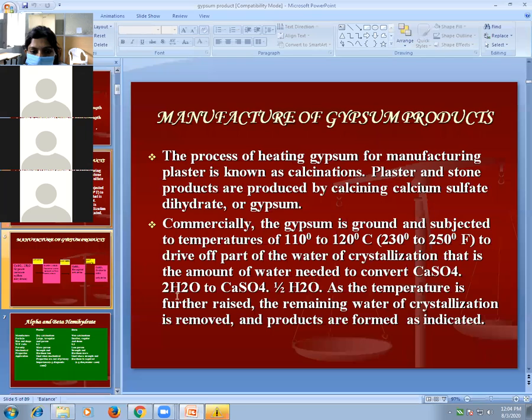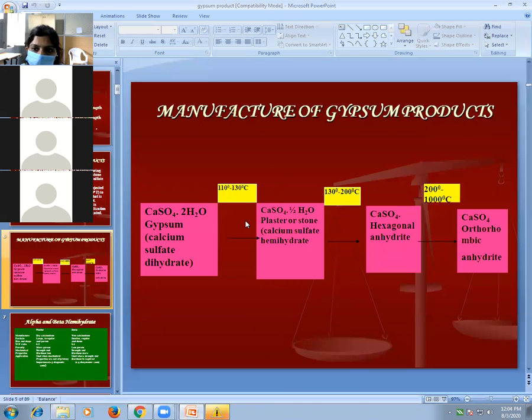As the temperature is further raised, the remaining water of crystallization is removed and the products are formed as indicated. So here calcium sulfate dihydrate is heated to 110 to 130 degrees Celsius to get calcium sulfate hemihydrate, and the water of crystallization is lost.